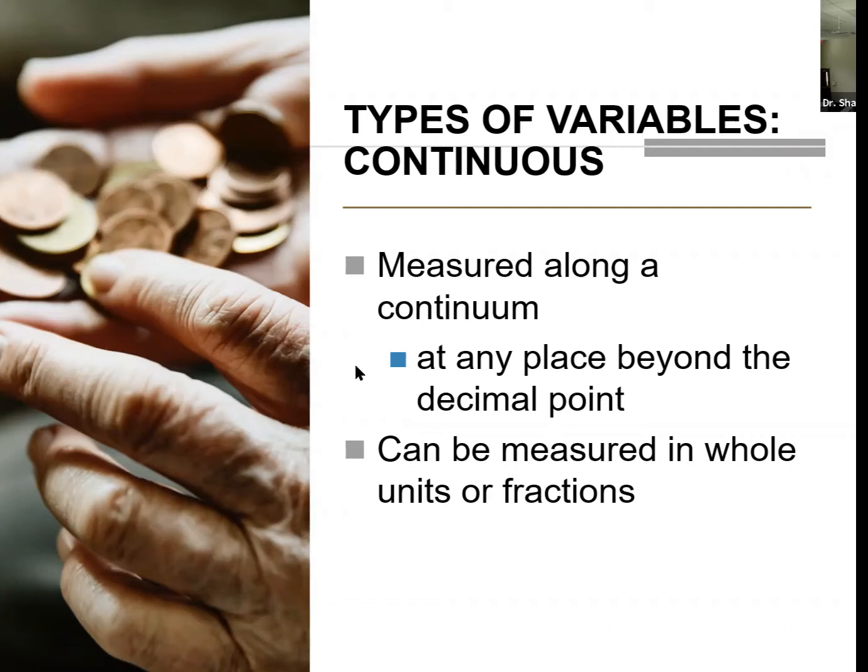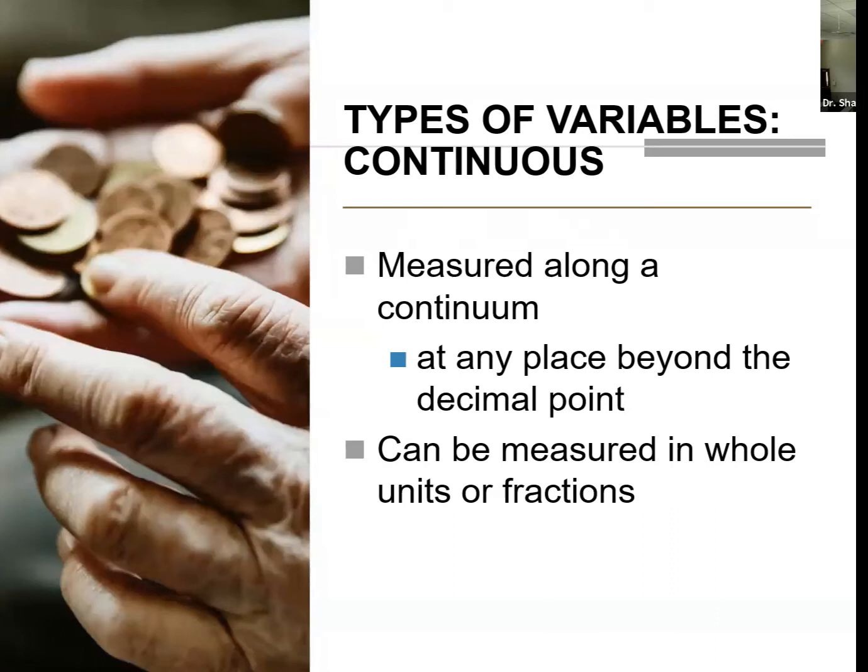For example, the first one that we're going to talk about is a continuous variable. This simply means that this variable is measured along a continuum. So basically, any point or any number after the decimal point.